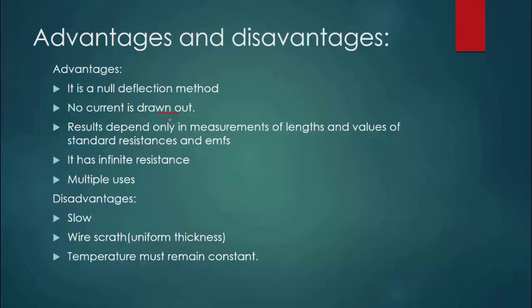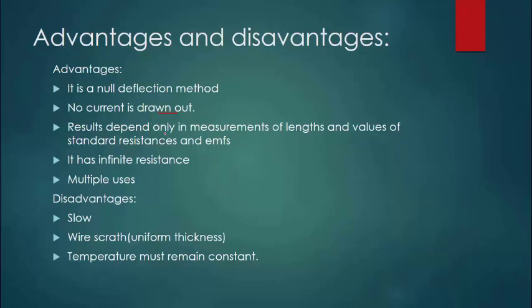Sasa unapotumia voltmeter na yenyewe ikawa ina resistance fulani, tayari kuna ile battery inakuwa kama ina supply ile voltmeter tayari. Kwa hiyo lazima kuwe na errors kwenye EMF. Lakini kwa vile hii principle ni null deflection, does not take any current from the circuit, automatically EMF tunapima inakuwa very accurate because no current is drawn out.